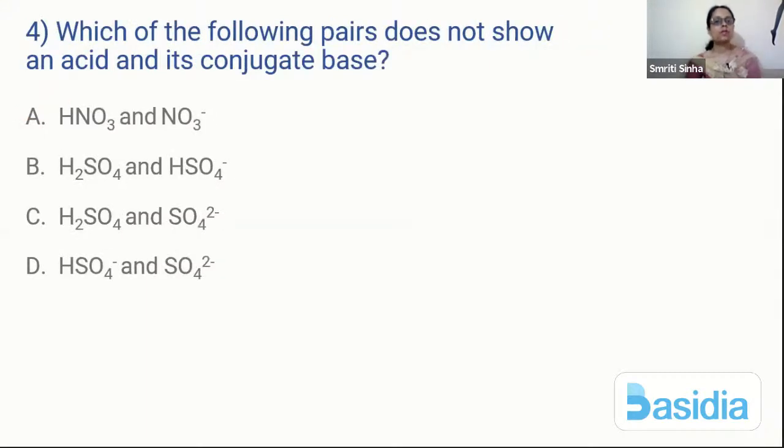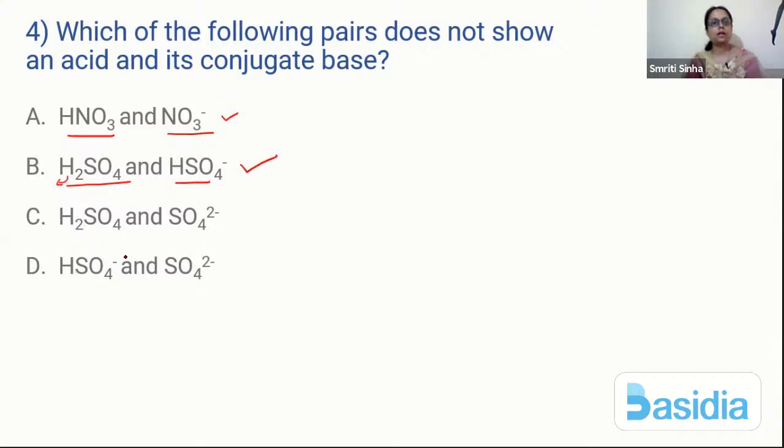Next, which of the following pairs does not show an acid and its conjugate base? So you need to see the pairs and see which one is not a correct conjugate acid base pair. So let's see. Here HNO3 is donating one H plus and forming NO3 minus. So it is a correct pair. Next is H2SO4. It is donating one H plus and forming HSO4 minus.